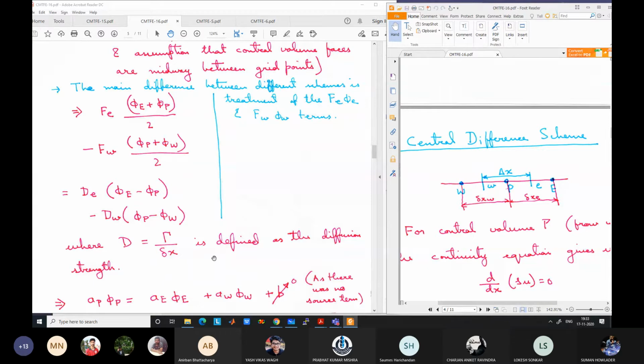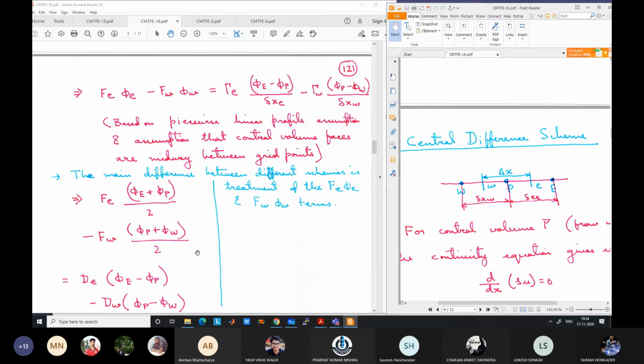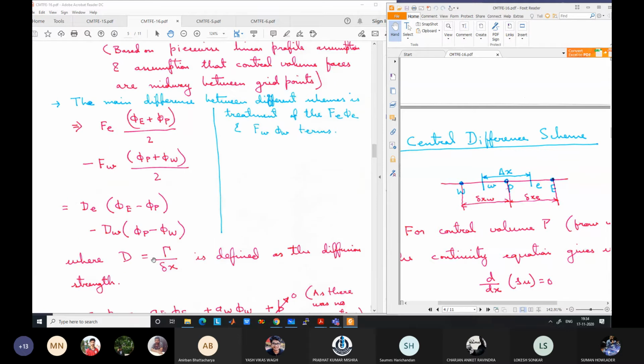Later we will define a ratio between the advective strength and diffusion strength, which is known as the Peclet number. Its significance is that it gives us the comparative strength of the diffusion or advection process, whichever is stronger and by how much. We are going to define that later on, but at this point, let us just define the diffusive strength and convective strength.